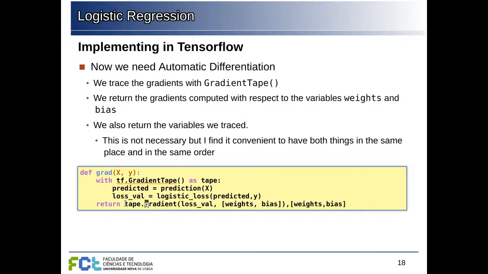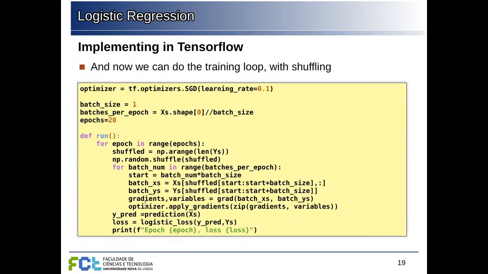So this function will return two lists. It will return the list of the gradients given by the gradient tape and a list of the corresponding variables, which must be in the same order, otherwise this will not work. And now we obtain these two lists, the gradients and the variables, and we are going to use the optimizer to adjust the parameters.